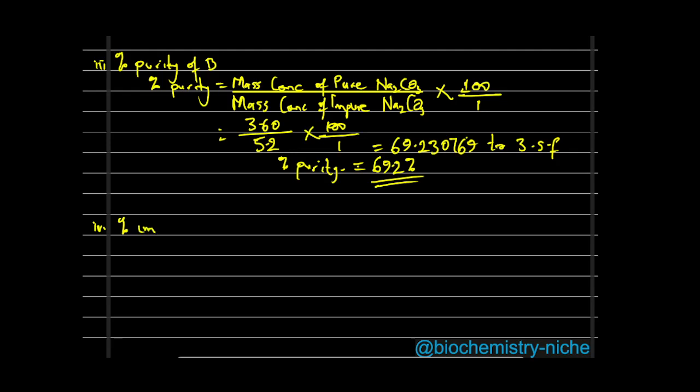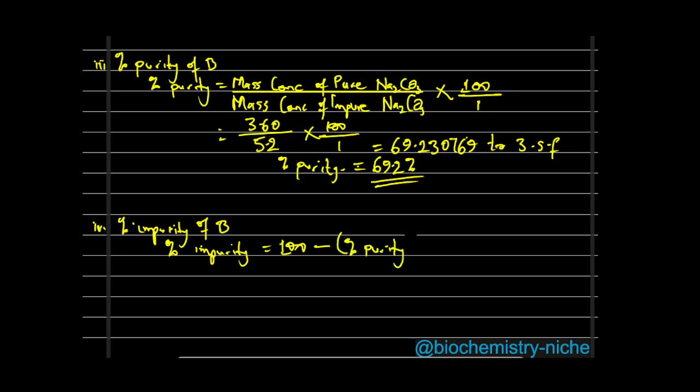Percentage impurity of B. The formula we'll be using for percentage impurity is percentage impurity equals 100 minus the percentage purity.